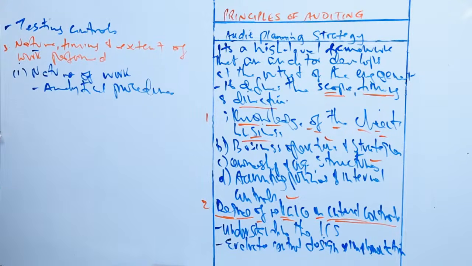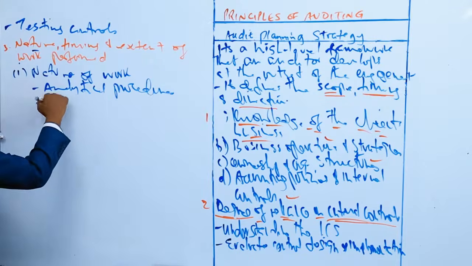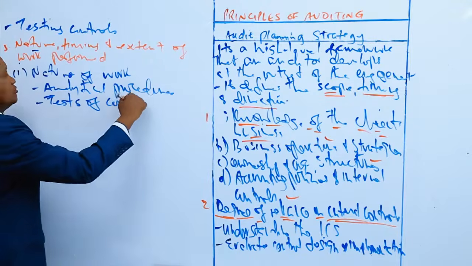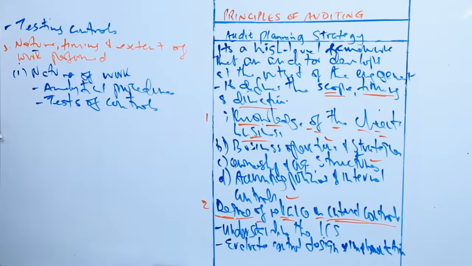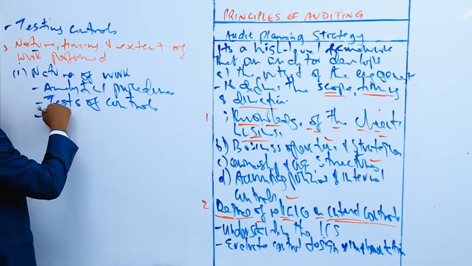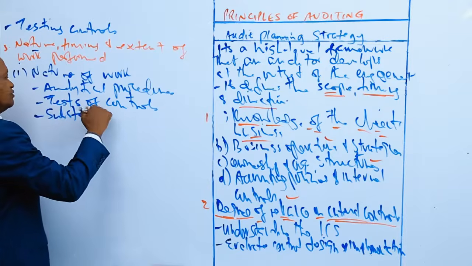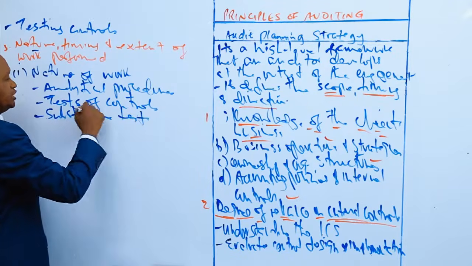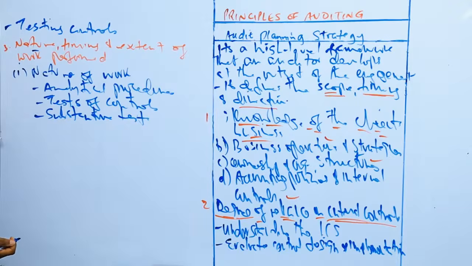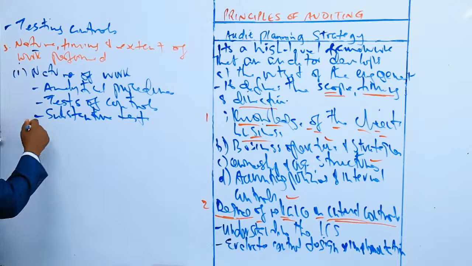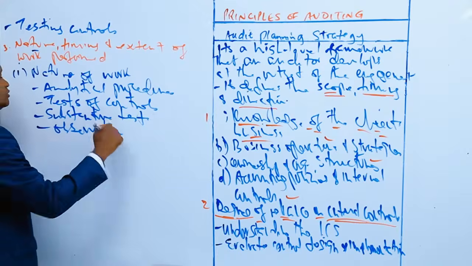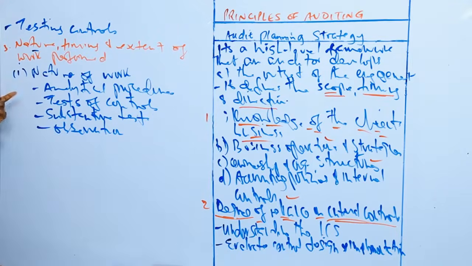It may include tests of controls. The nature of work to be performed also includes substantive tests of detail. It includes substantive tests. It may include things like observation. Observation is also work.